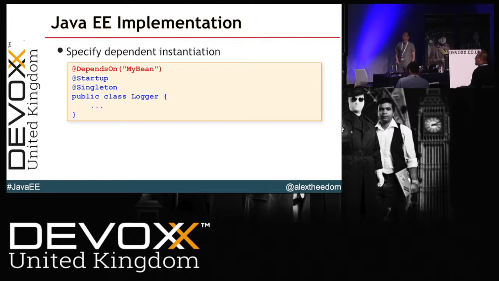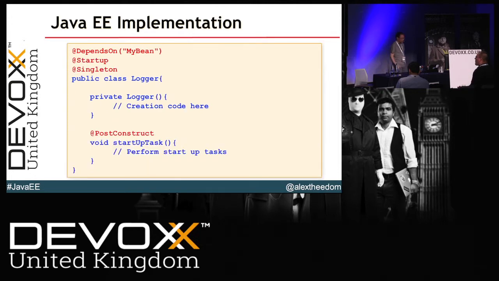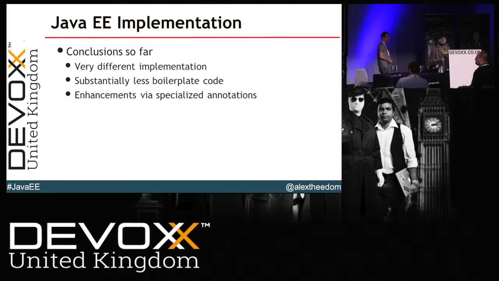So before our logger bean is instantiated by the container, it must have instantiated the bean that it is dependent on. In this case, the bean called my bean. That's the JB name of the bean. So this is what we've got. We have a bean that is created before any client requests are satisfied, that performs some startup tasks, and will only be instantiated when our my bean is created.